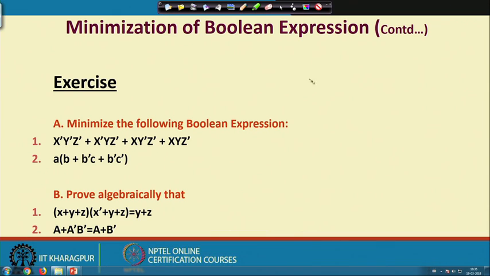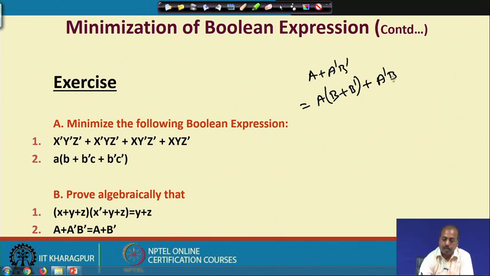Similarly, a plus a bar b bar. Okay. So, what you can do? So, you can just convert it into a b plus b bar plus a bar b bar. So, you get like a b plus a b bar plus a bar b bar.